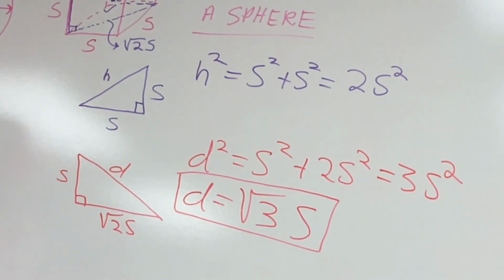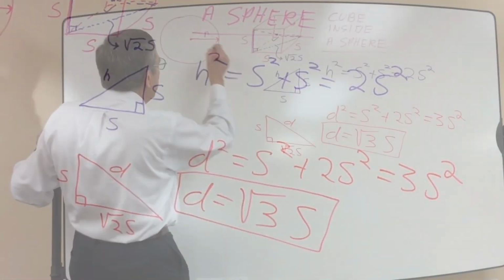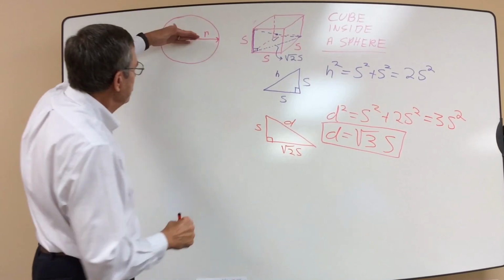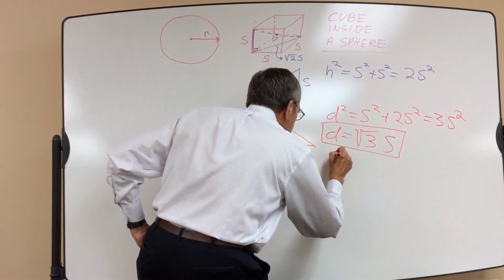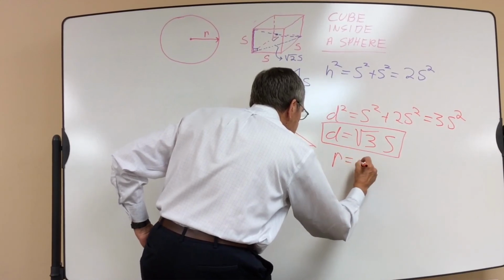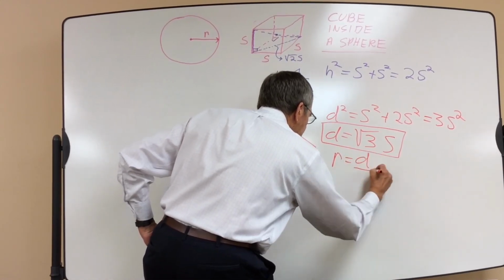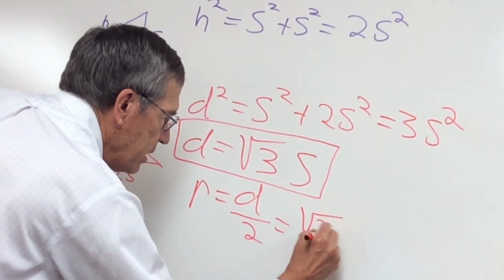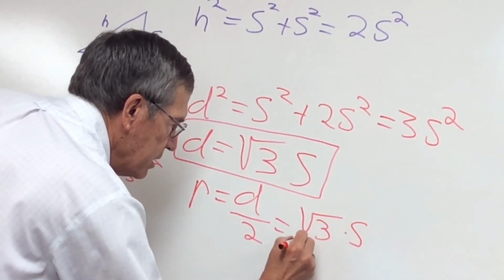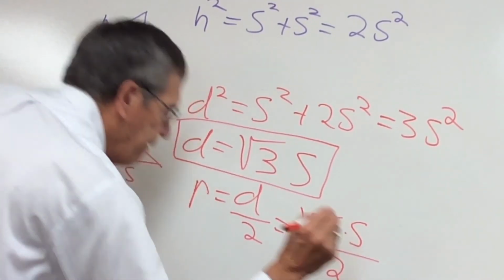Now, we said we wanted the radius, okay, because we want to relate that to the sphere. So we'll just divide that by 2. So radius is equal to diameter divided by 2, which is the square root of 3 times s divided by 2. Okay?